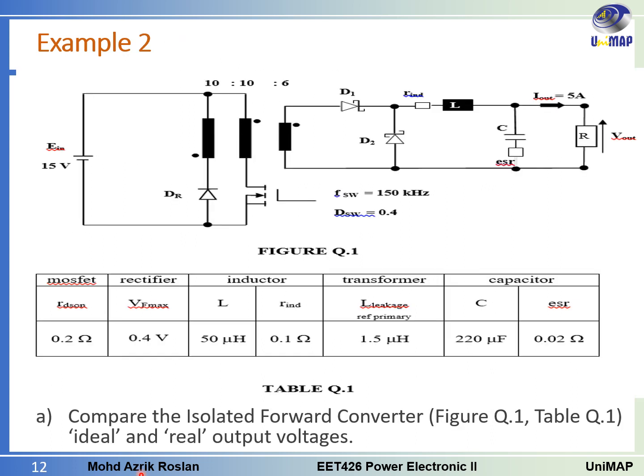Now we move to the second example. In this example, we have E in equal to 15 volt. The output current is 5 ampere. We have switching frequency 150 kilohertz. Duty cycle is 0.4. We have reset winding, primary winding, and secondary winding set to 10, 10, and 6.